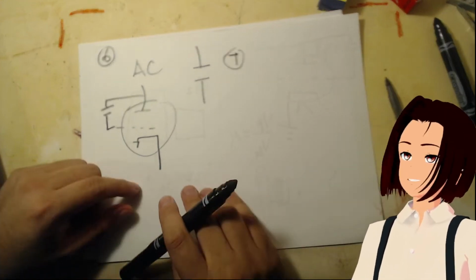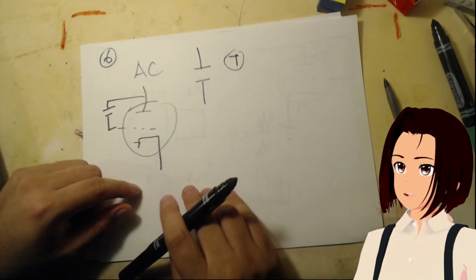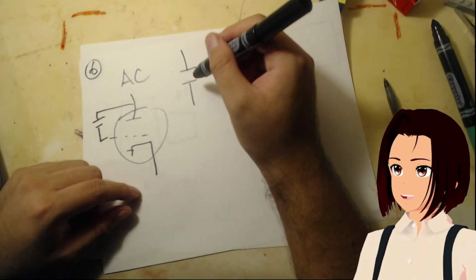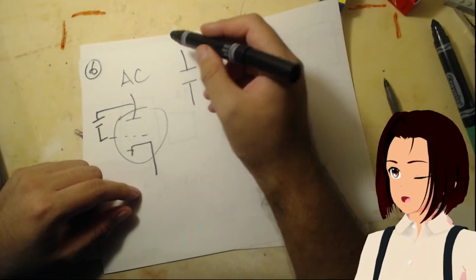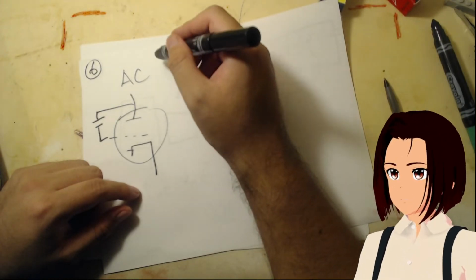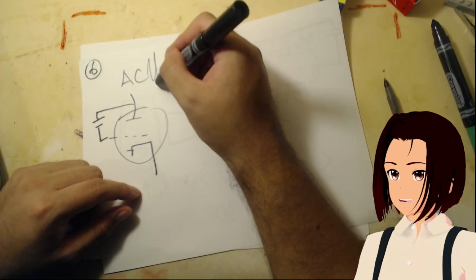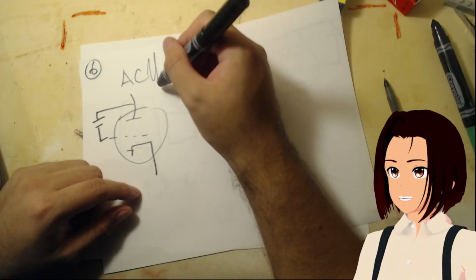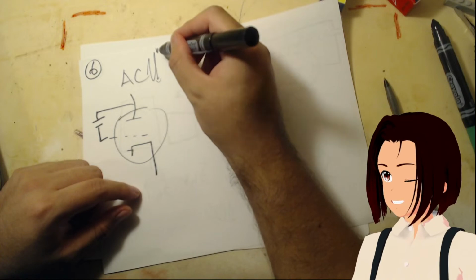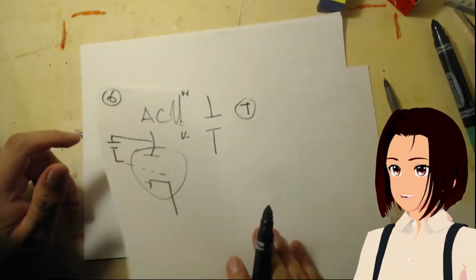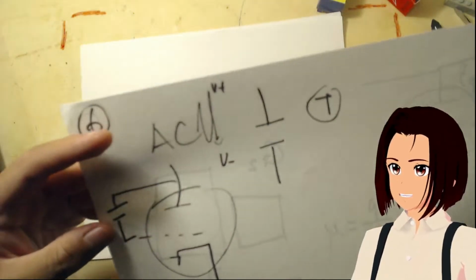But there's a problem. Say you have an AC circuit, but the AC is really low. The AC is essentially an up and down voltage from V plus to V minus.